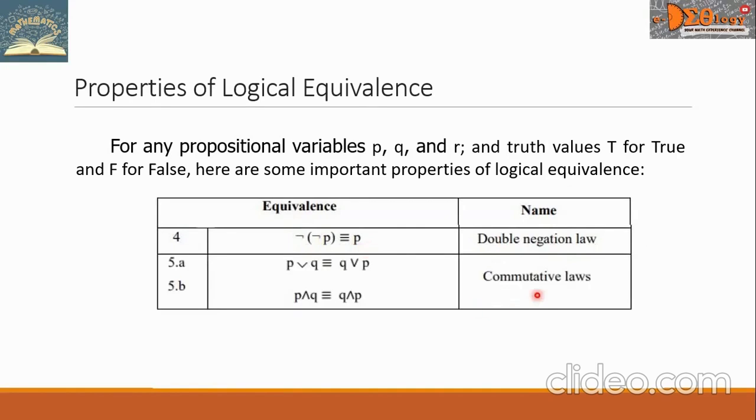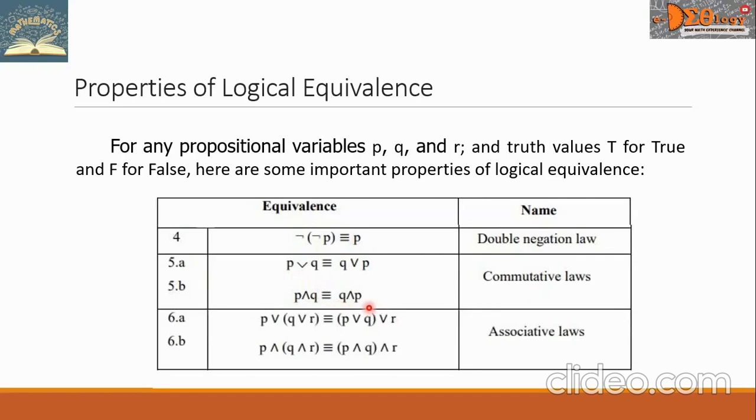Number 5, commutative laws. We have two parts. First part, 5.a, P or Q is logically equivalent to Q or P. 5.b, P and Q is logically equivalent to Q and P. Number 6, associative laws.